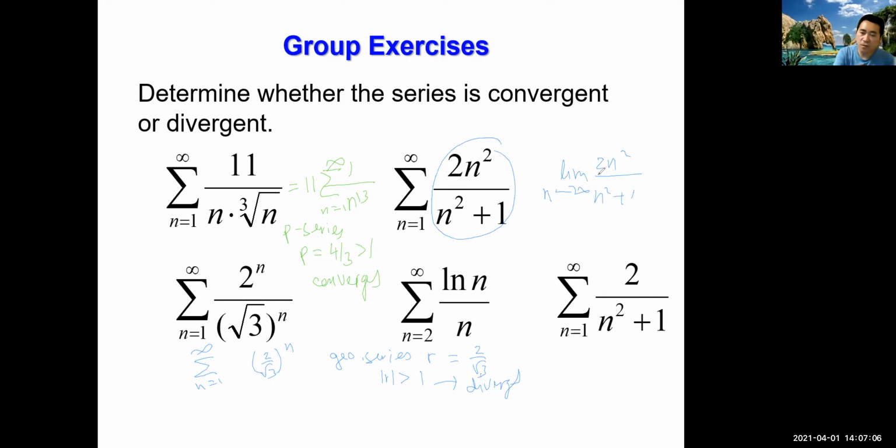So one way to do it is to use L'Hopital's rule: take the derivative of 2n squared, which is 4n, and the derivative of the bottom, which is 2n. You can see that the n cancels, and the answer is 2.